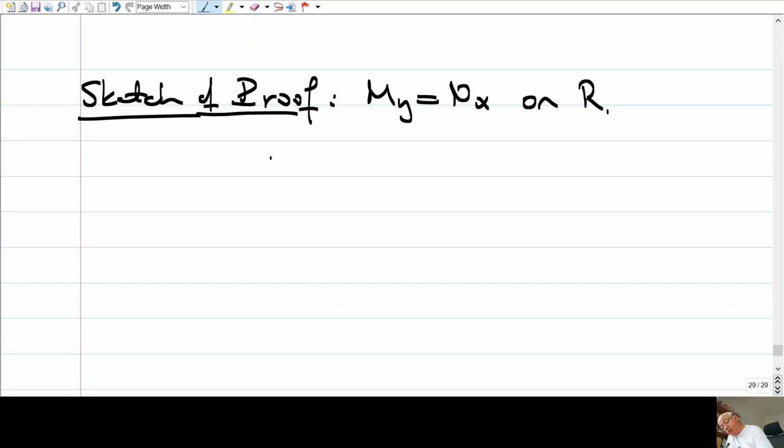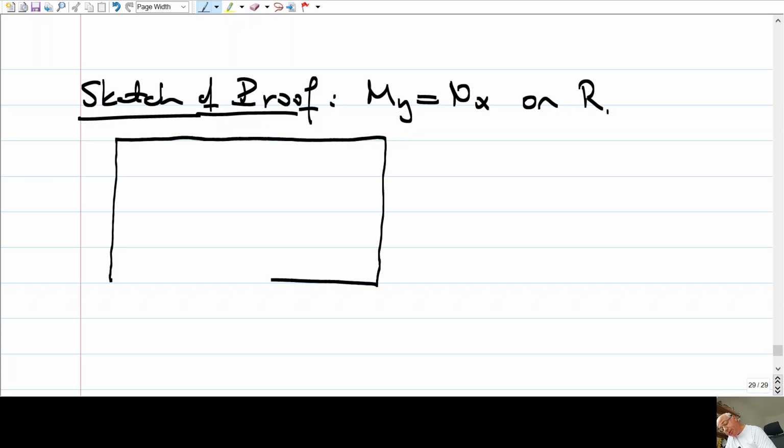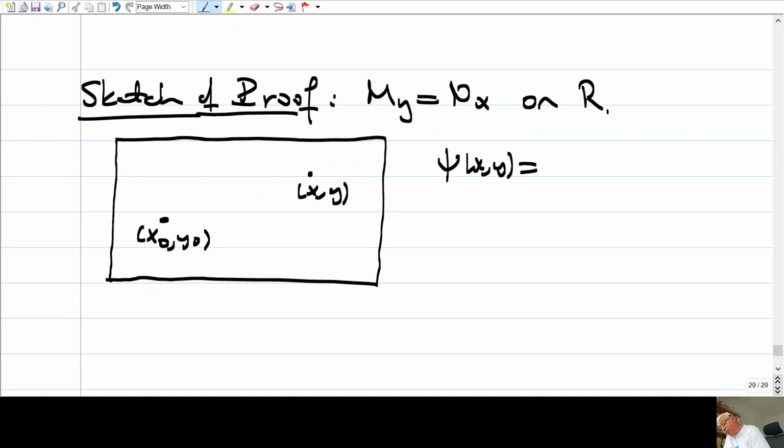The important thing is that there should be no holes in the region. Just take a point here, x0, y0, and then for any point (x,y), we define our function psi(x,y) as follows.